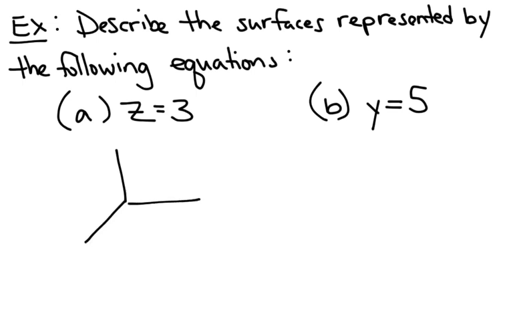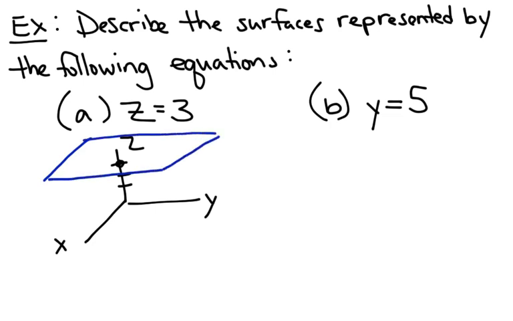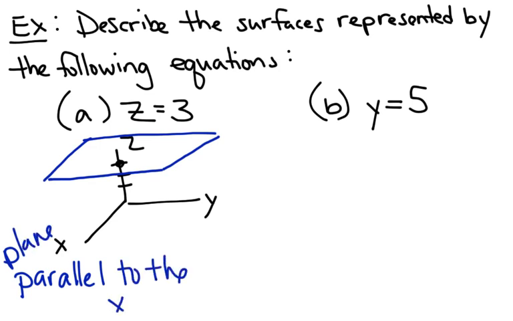Here's your x, y, z coordinate plane. Here's where z equals 3 is. There would be some space through it that is parallel to the xy coordinate plane. So the surface of z equals 3 is a plane that is parallel to the xy plane.